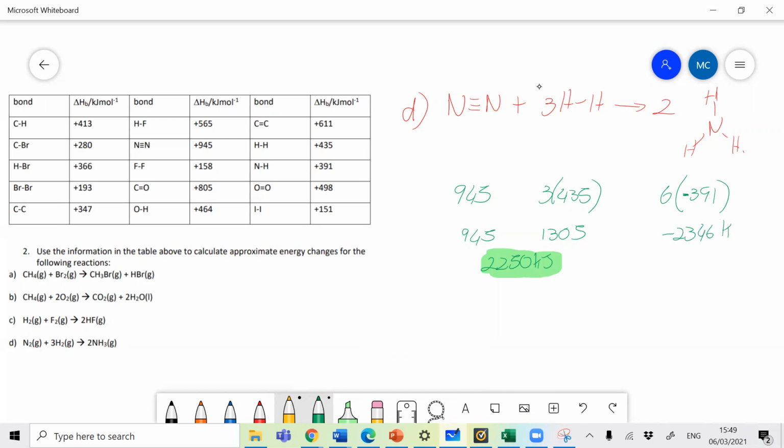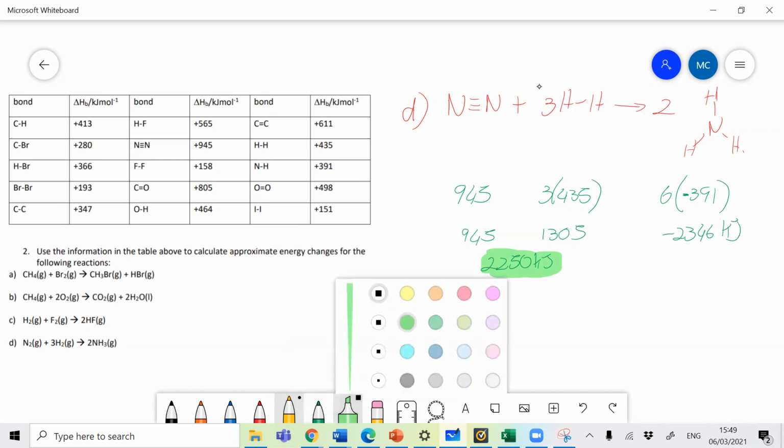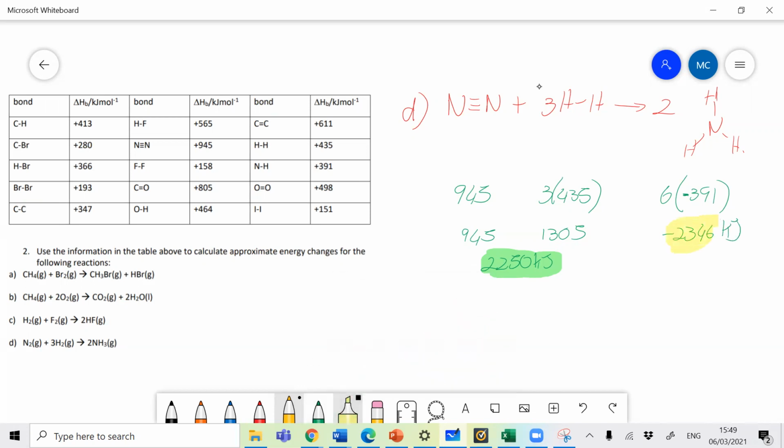Okay, and that is going to be there. For the final answer, energy is equal to minus 2346 plus 2250, and the answer would be minus 96 kilojoules.